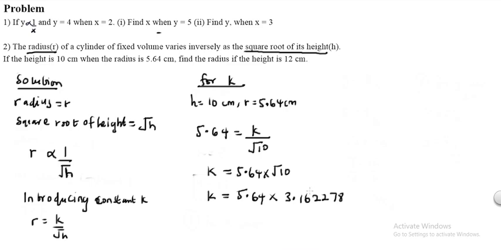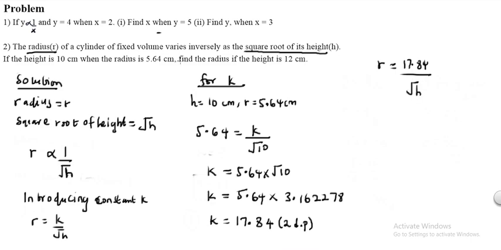So if you multiply these two values together, you get around k is equal to 17.84. So we use this value for k to 2 decimal places. Since the value of k is 17.84, our equation becomes r is equal to 17.84 divided by square root of h.